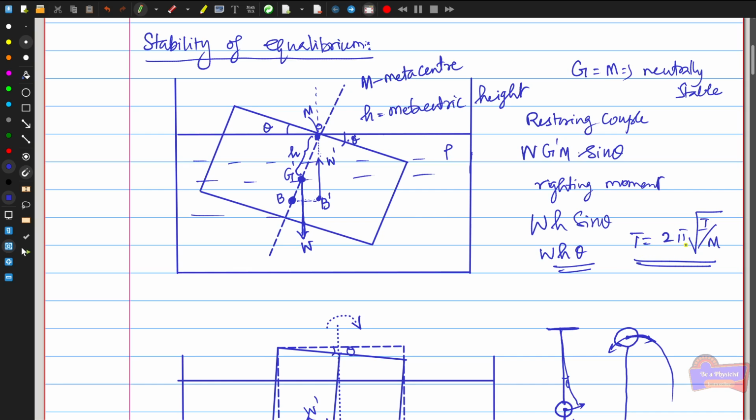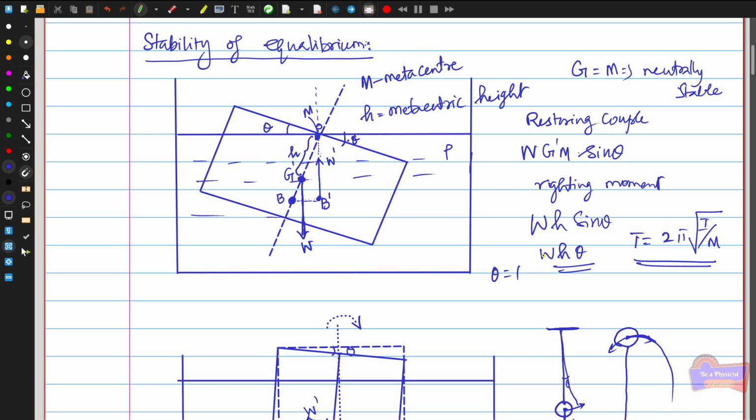So T equals 2 pi square root of I divided by m determines the time period of the oscillations of this ship. The turning moment for unit deflection is equal to W times h, because if you take unit deflection theta equal to 1, then the turning moment is equal to W times h.